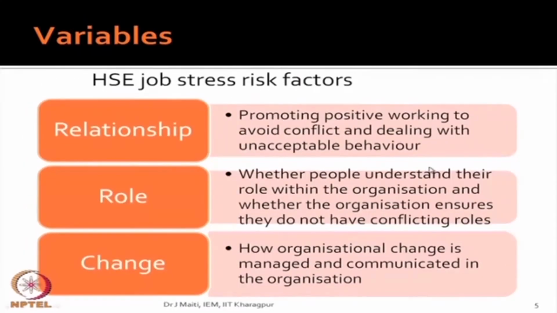Then relationship: promoting positive working to avoid conflict and dealing with unacceptable behavior in the job. Then role: whether people understand their role within the organization and whether the organization ensures they do not have conflicting roles.